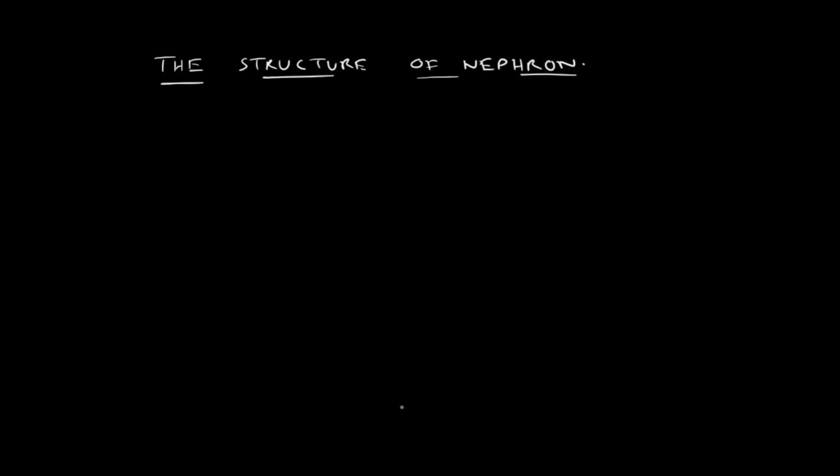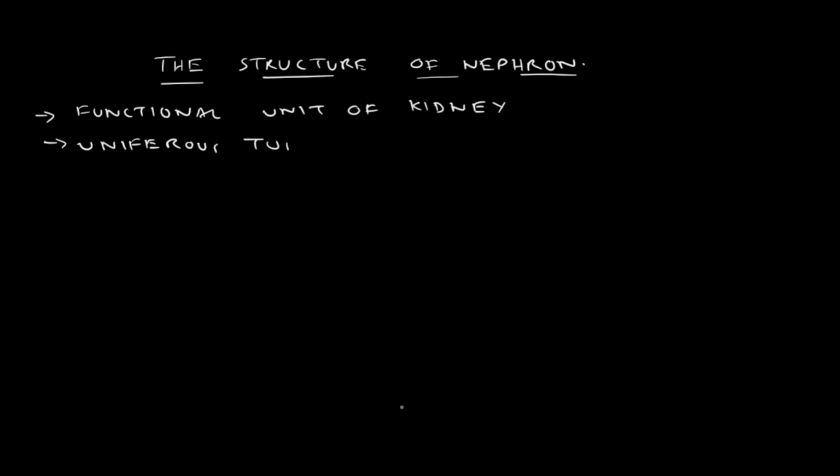The nephron is basically the functional unit of the kidney. It is also known as uniferous tubule, as it has lots of tubular structures.